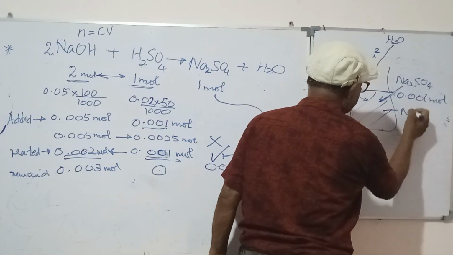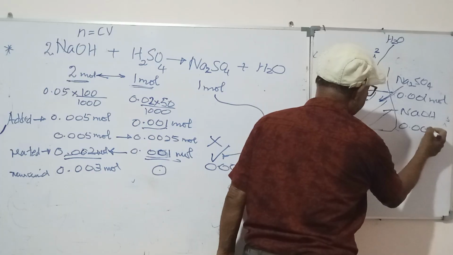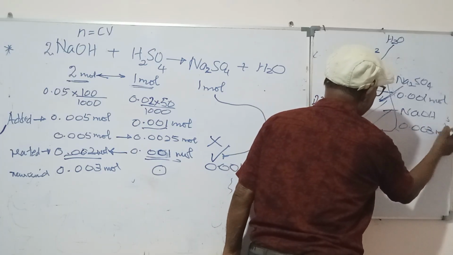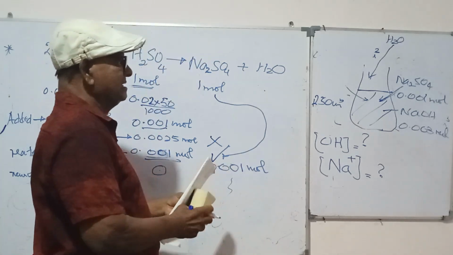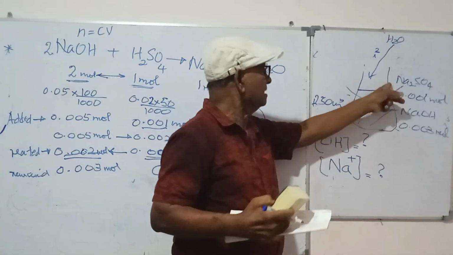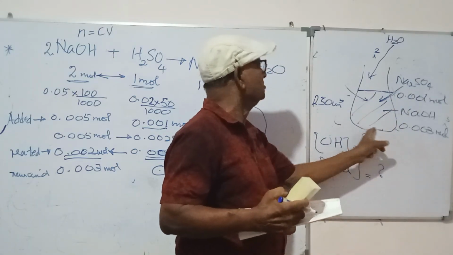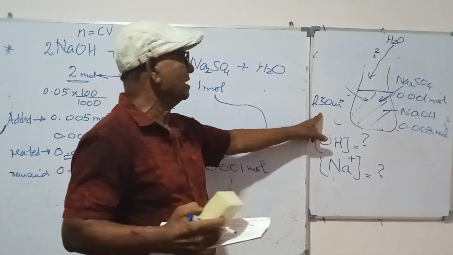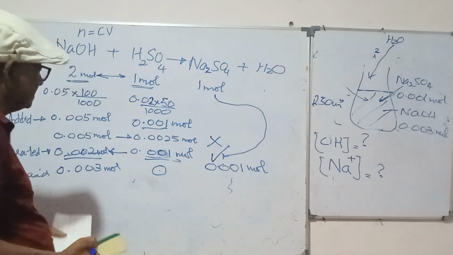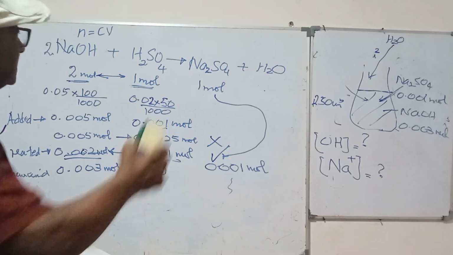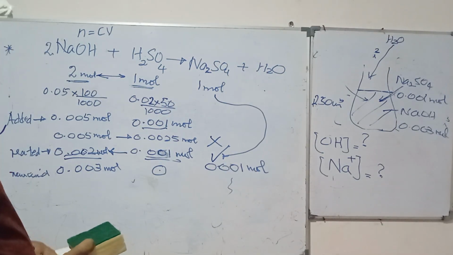NaOH remained, 0.003 mole. These are the formed amount and remained amount in the final solution. Volume is 250, right? So see here how we come to that final decision.